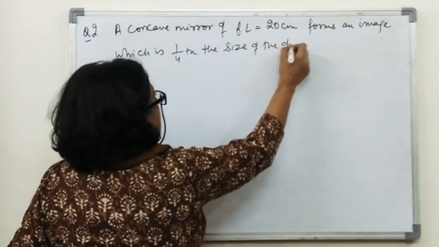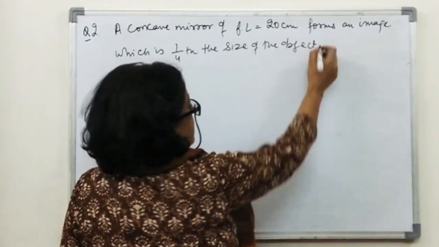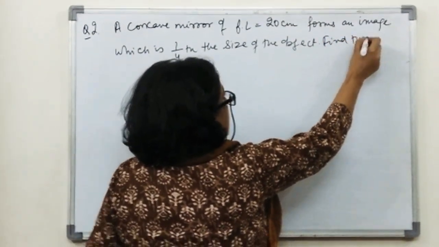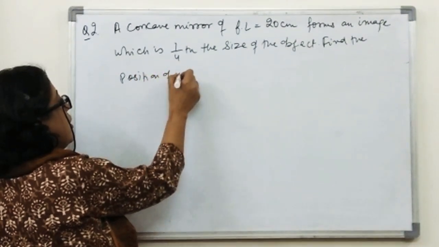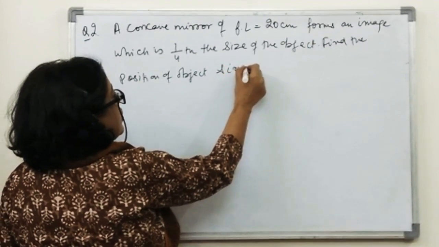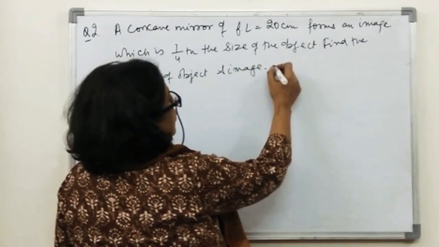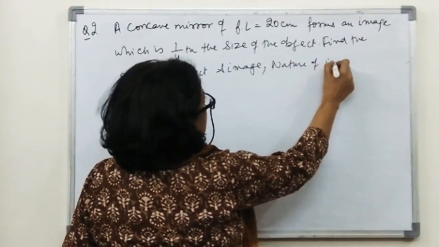This is what is given to us, and what you need to find out is the position of the object, and of the image also, and also the nature of the image.